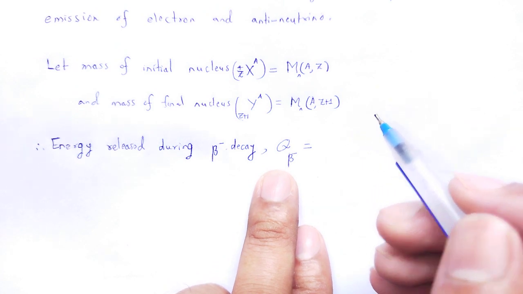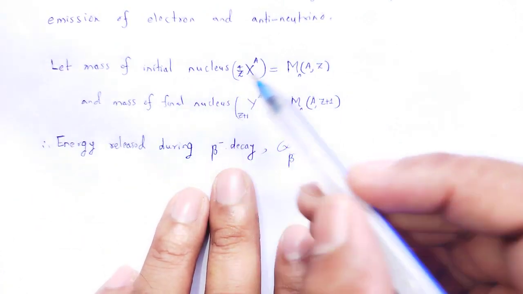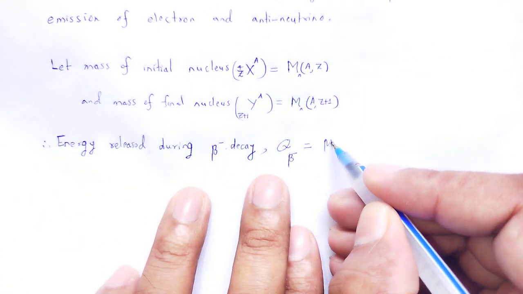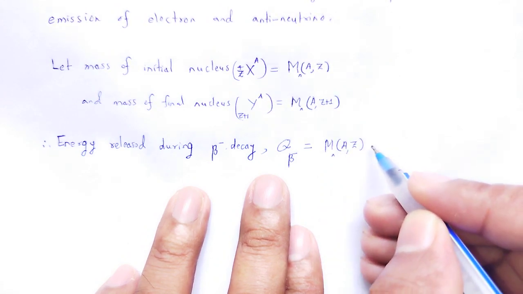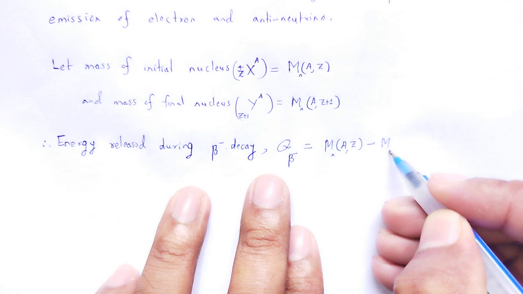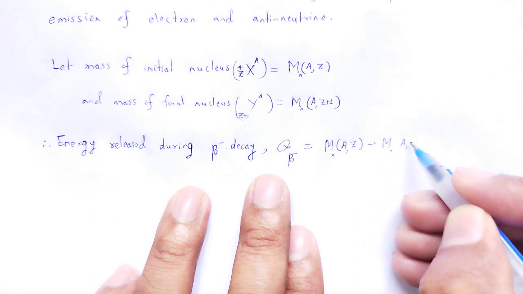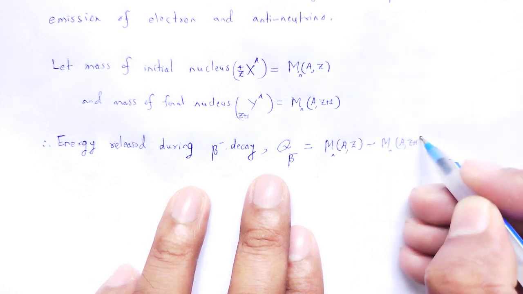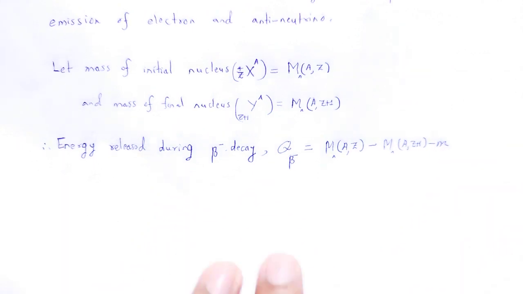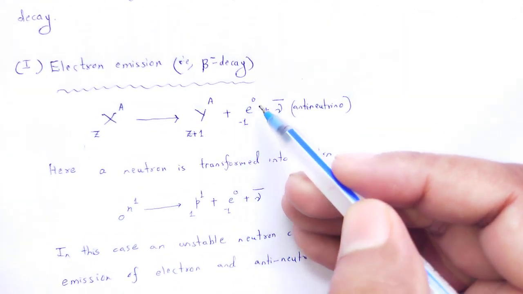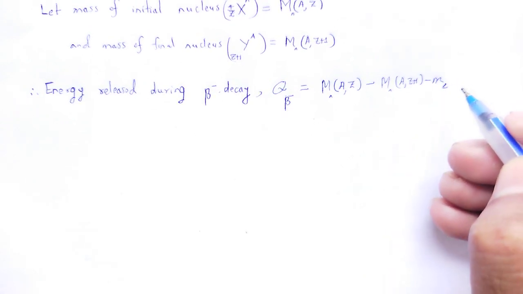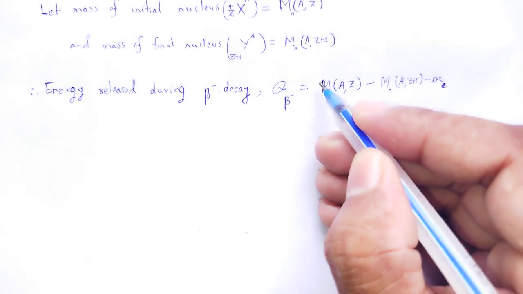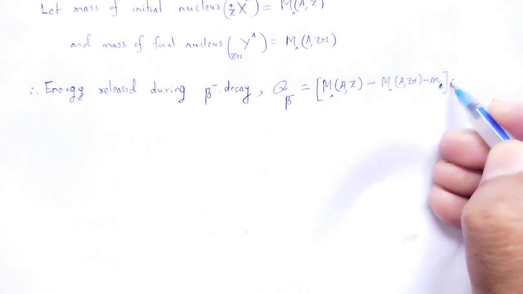Here is the mass defect: the mass of the initial nucleus A Z, minus the mass of the daughter nucleus Z plus 1, minus the mass of the electron, Me, into c square.